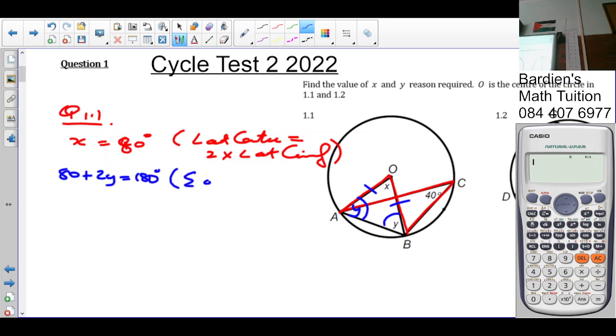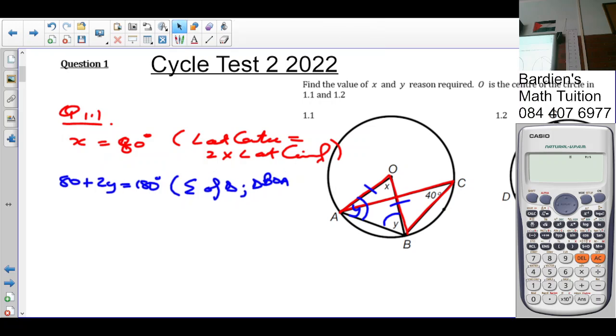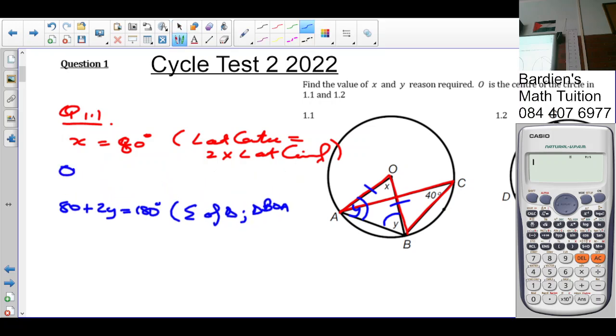We use the sum of angles in triangle BOA, and we use the fact that OA is equal to OB, radius.